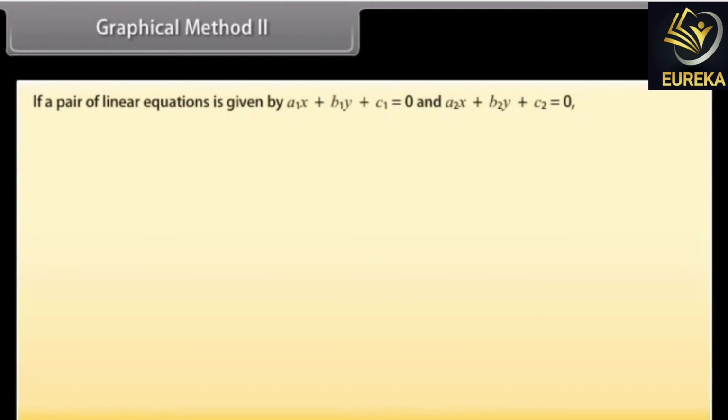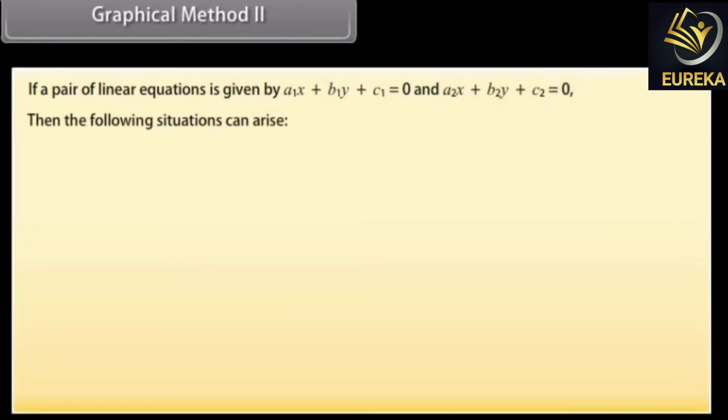Graphical Method 2. If a pair of linear equations is given by a1x plus b1y plus c1 equals 0 and a2x plus b2y plus c2 equals 0, then the following situations can arise. 1. a1 upon a2 is not equal to b1 upon b2.